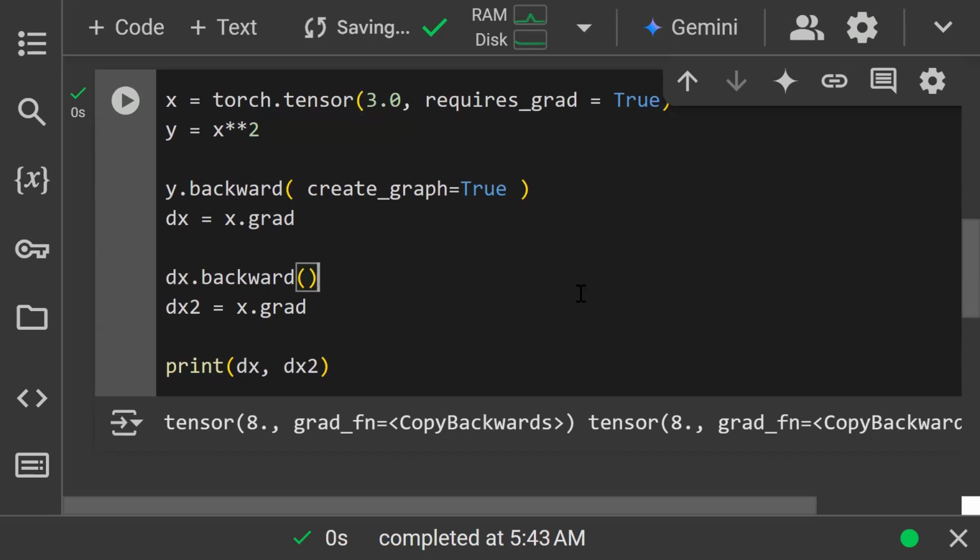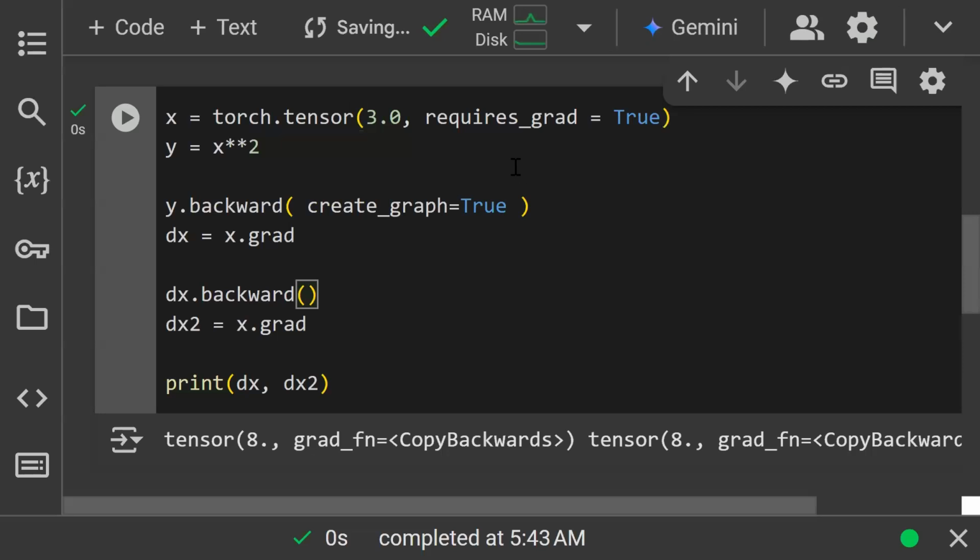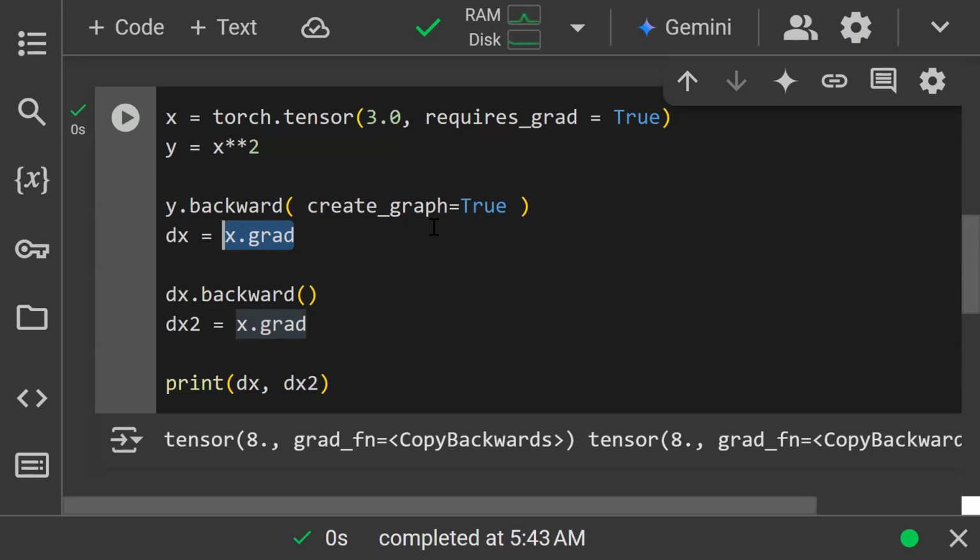There are two things going on. The first thing is, which one should I start? Let's start with this one. In Python, this is the part that I don't like about Python: when you do dx equals x.grad, this is an assignment operator.